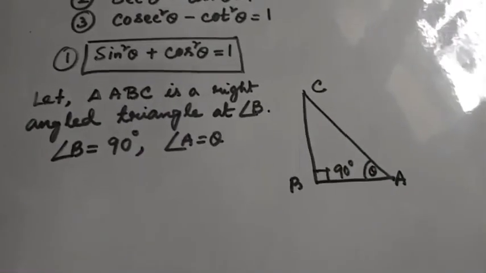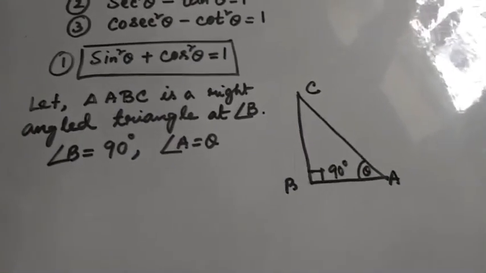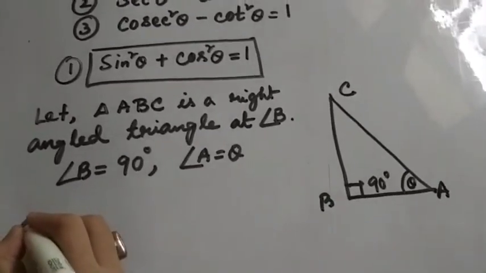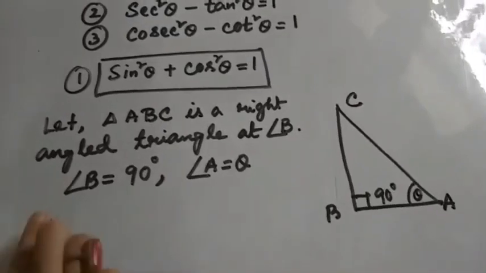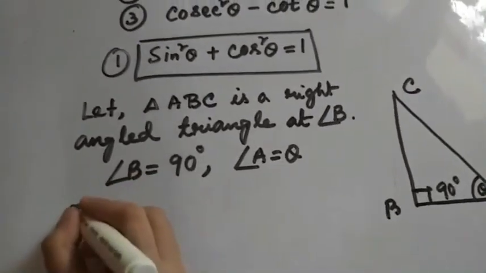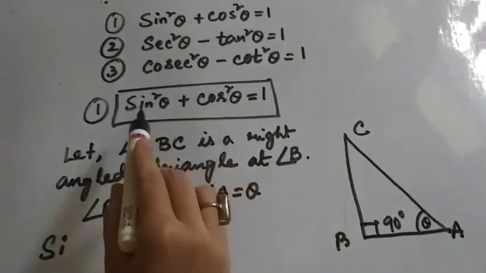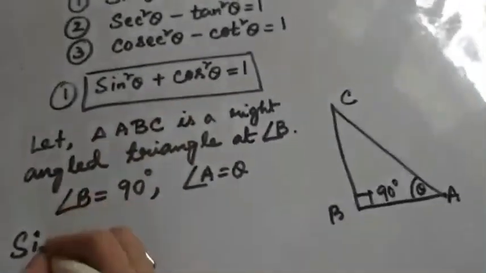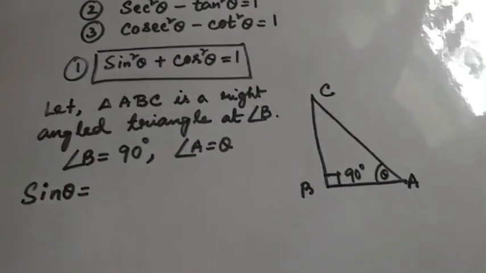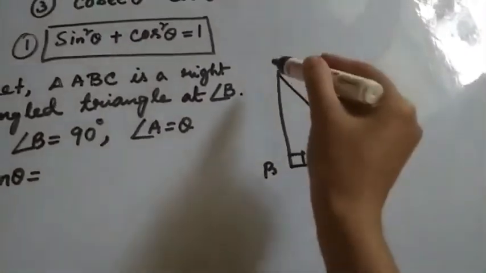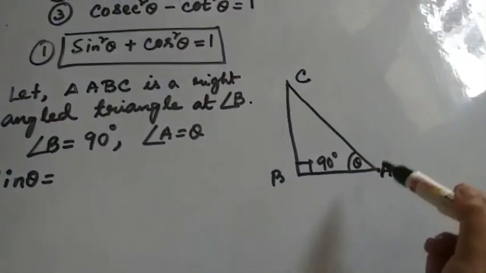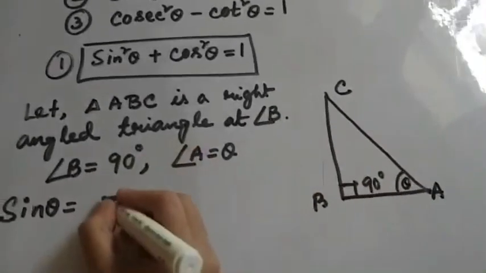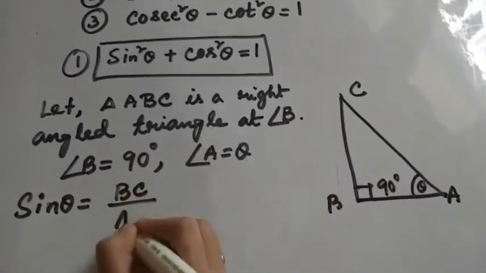Now we have to use the Pythagoras theorem, which I had already discussed before. Before starting that, because of what is mentioned in the question, we need to find the value of sin theta and cos theta. So what is the value of sin theta? Sin theta will be perpendicular by hypotenuse, that means the opposite side of angle theta divided by hypotenuse, that means BC by AC.